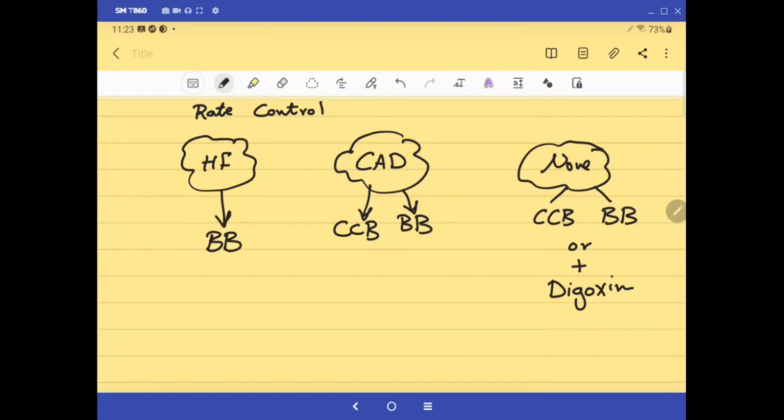I just said it because this is what is written there, but in actual practice, it's only beta blocker. But you can add it. In heart failure, you can use beta blocker plus or minus digoxin. If the patient didn't achieve complete control with beta blocker, we can add digoxin in that case.